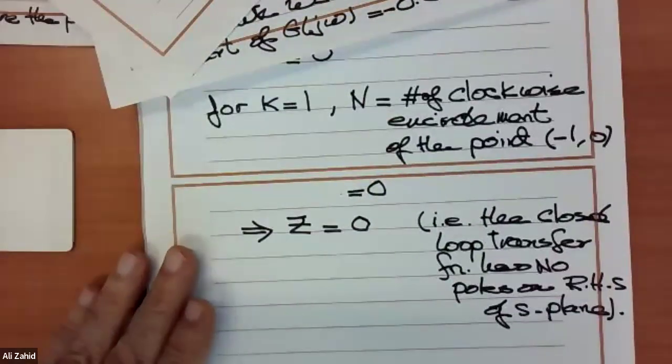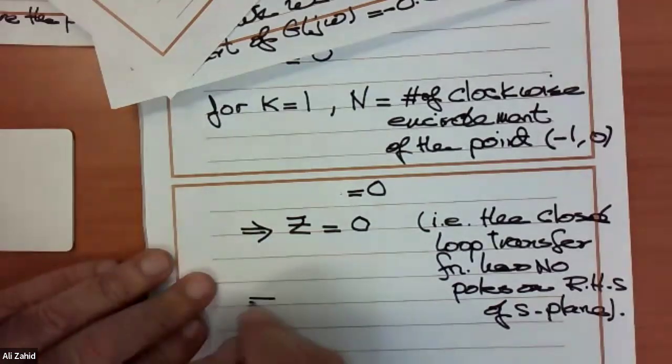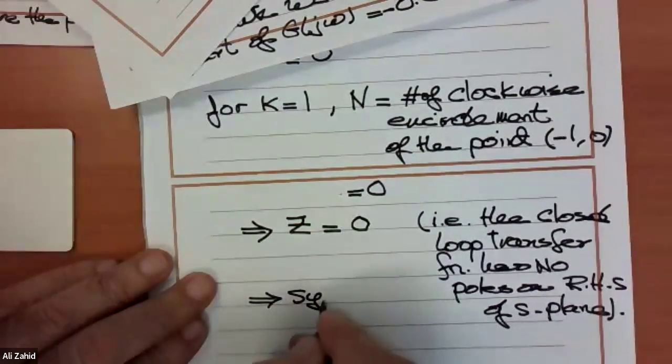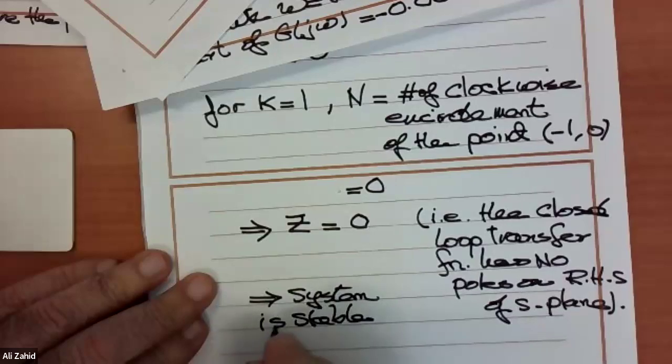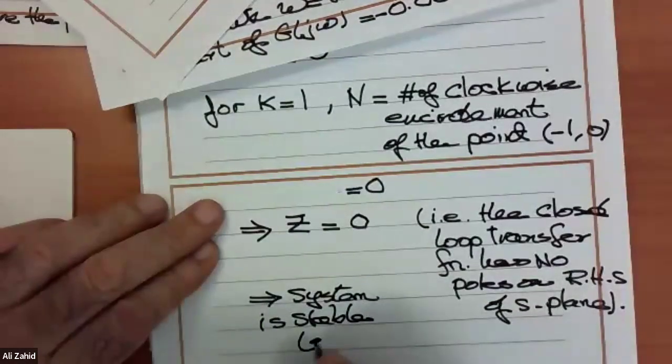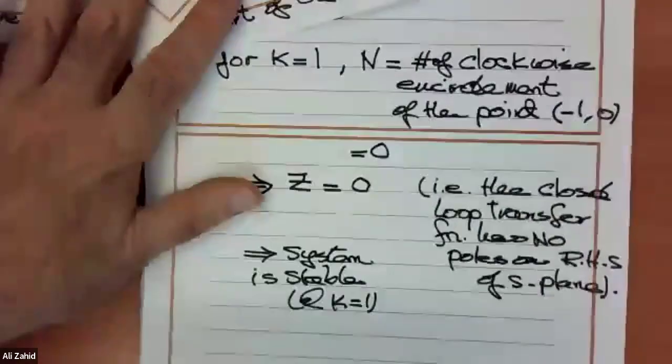Did you get it? Makes sense. And then what conclusion? System is stable, for all values? No, not for all values. At k equal to 1. Did you get it?